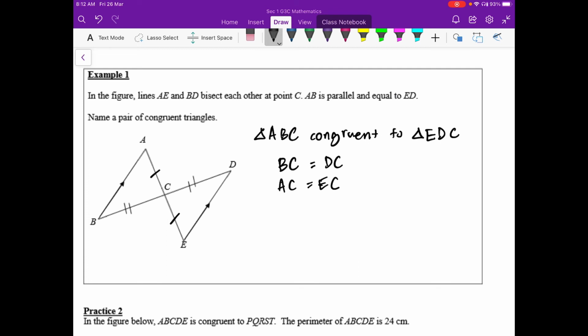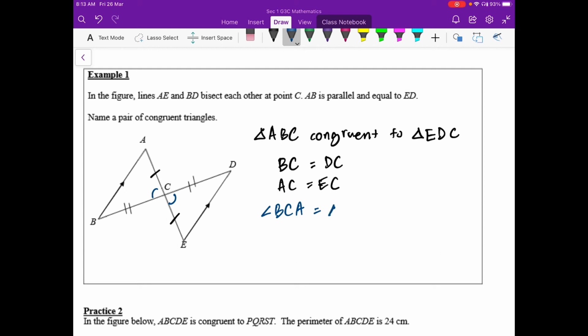So one pair of angles that are the same will be this pair over here in blue. What are they called? Do you remember? Starts with V. Vertically opposite angles, right? Okay, let's double check. For example, angle BCA. Okay, let's check on the other side.